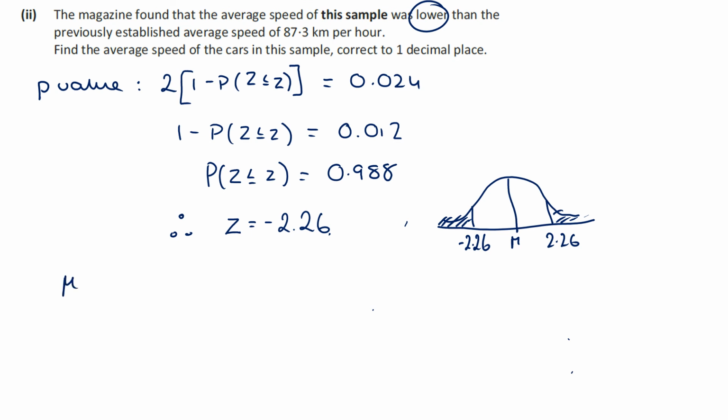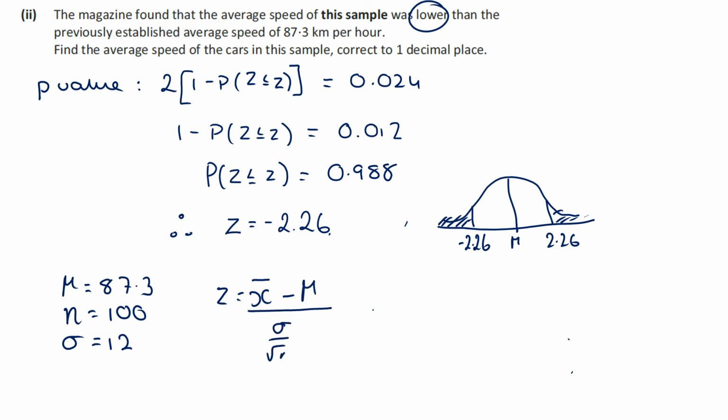So now we go and we set up a standardizing formula, but this time it's a little bit different because we are talking about a sample. So our sample formula looks something like our standardizing formula, but it includes the n for the number in the sample. So it's the one sample z test at the top of page 35. So we have z is equal to x bar minus mu all over sigma over root n. X bar is the thing we're looking for.